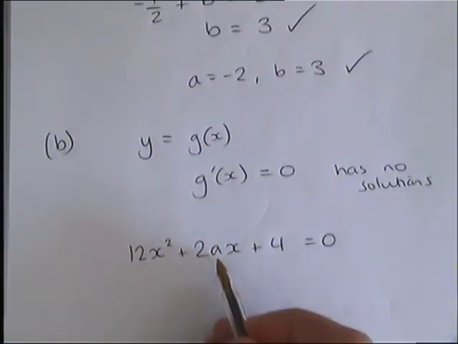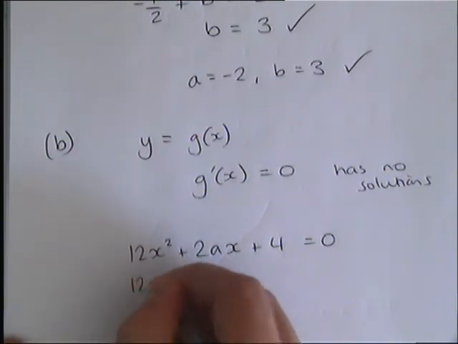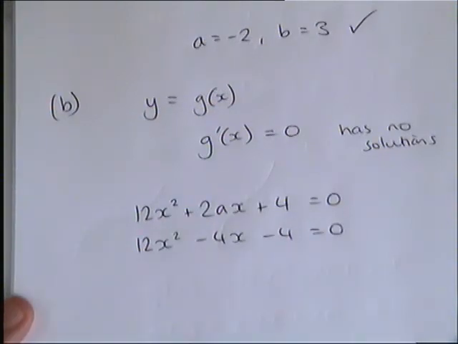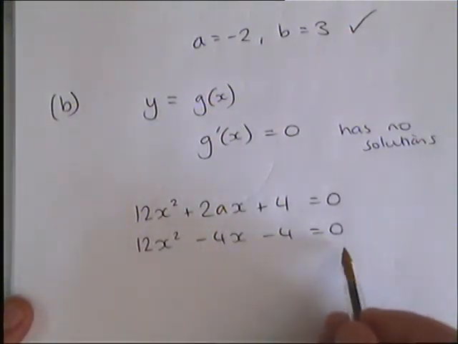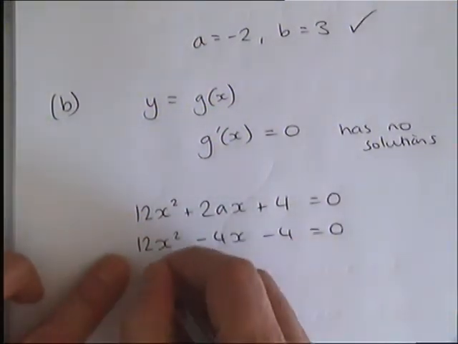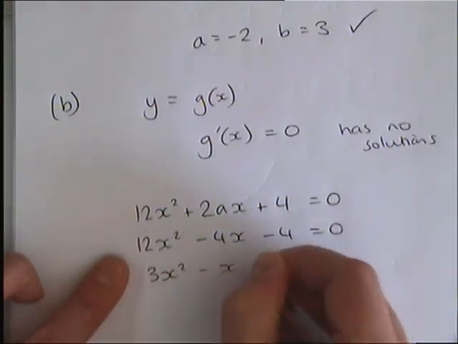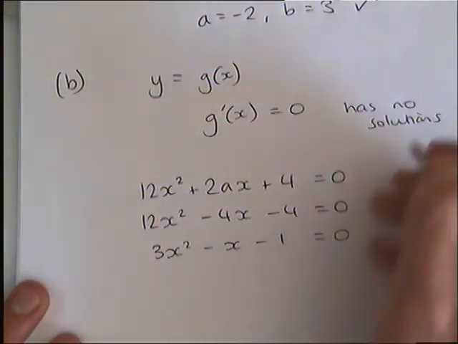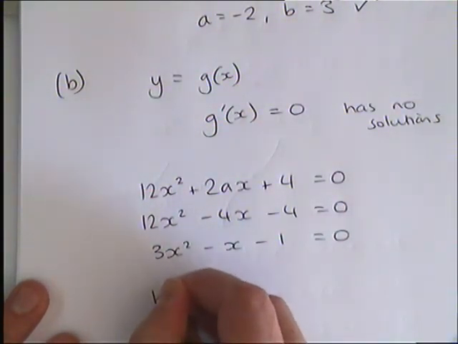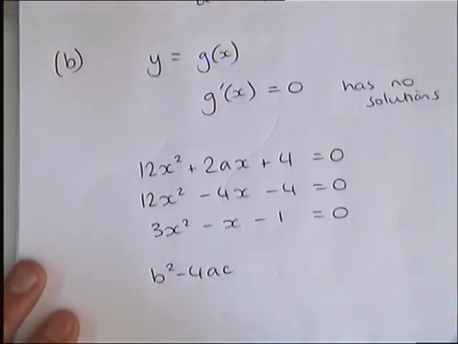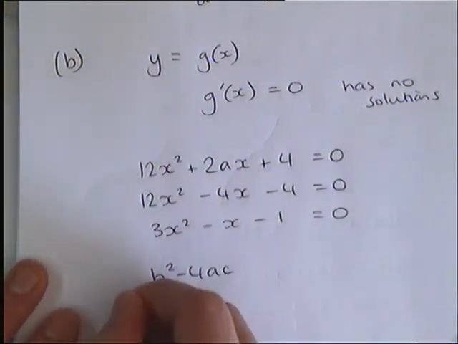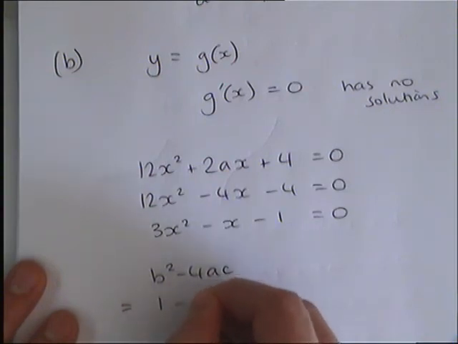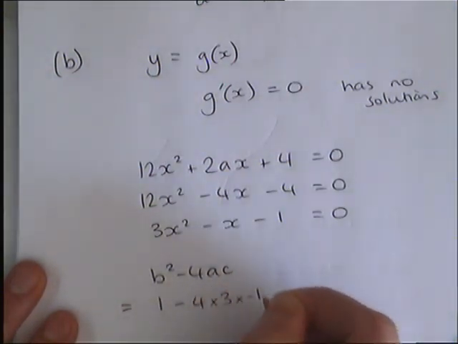Remember, we know the value of a now, so I'll just rewrite that. And now I can see this is going to be quite simple because I can divide everything by 4. And if there are no solutions, remember, I can check the discriminant of this quadratic. Let's work out what that is. b squared minus 4ac.